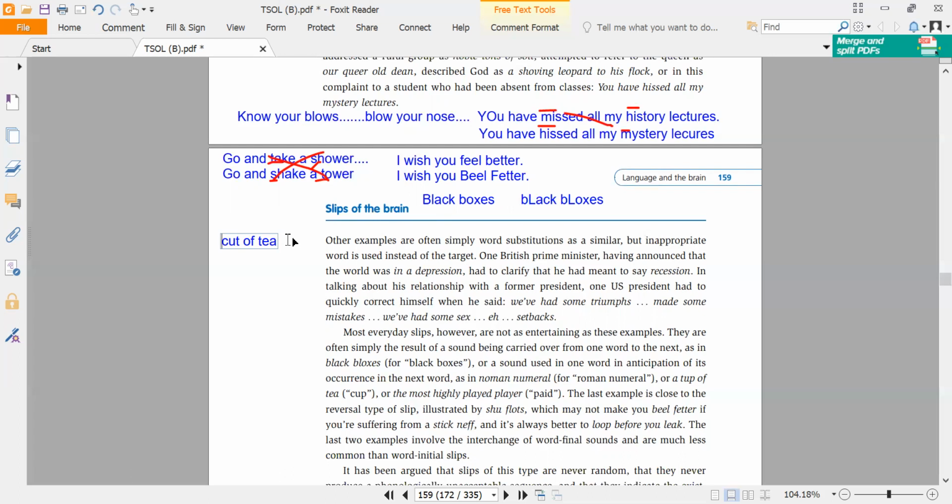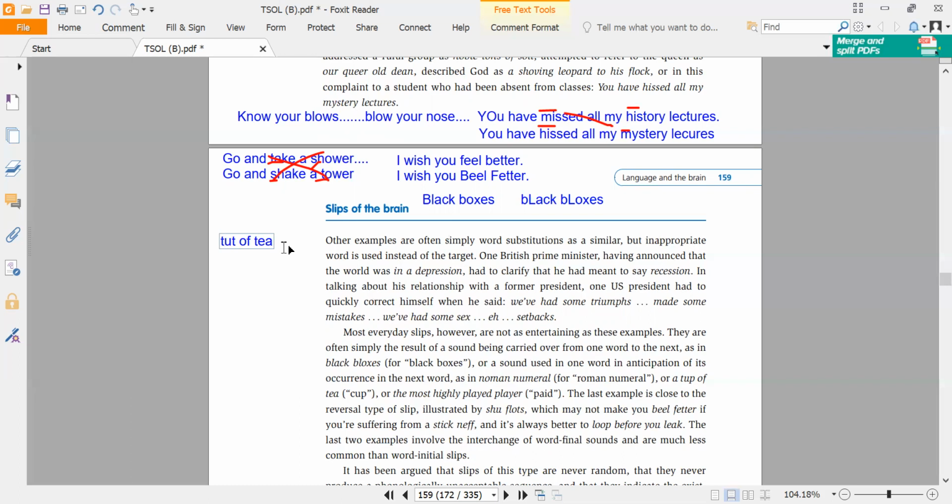Here no exchange takes place, rather the initial consonant sound of a word is replaced by the initial sound of another word, right? Like this k sound and this t sound, these two sounds do not exchange their positions, rather one of them is replaced by another.